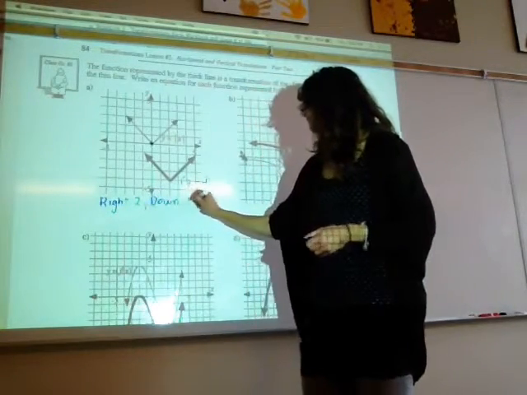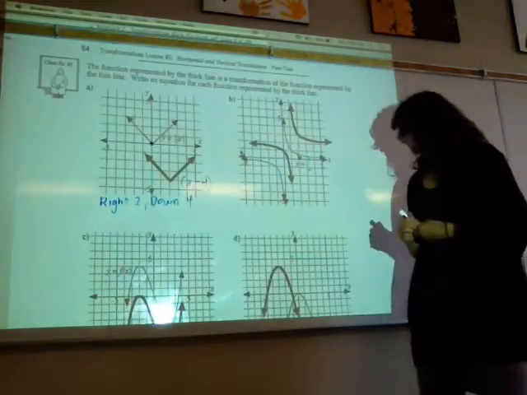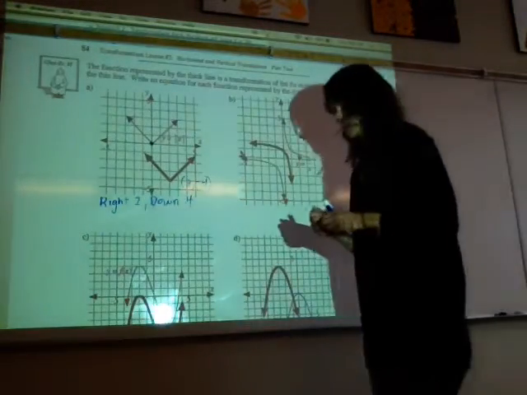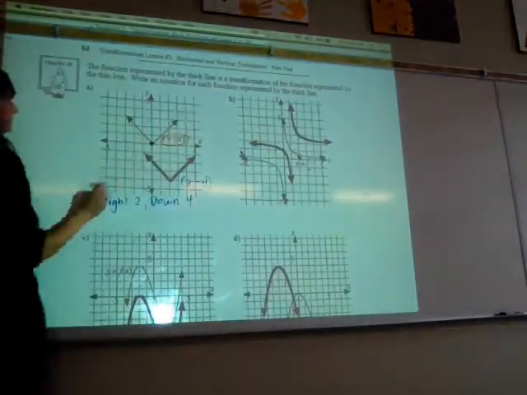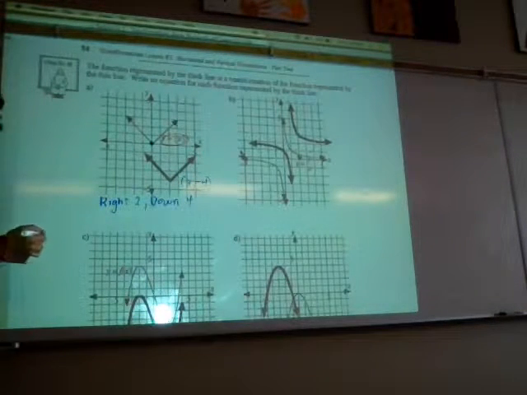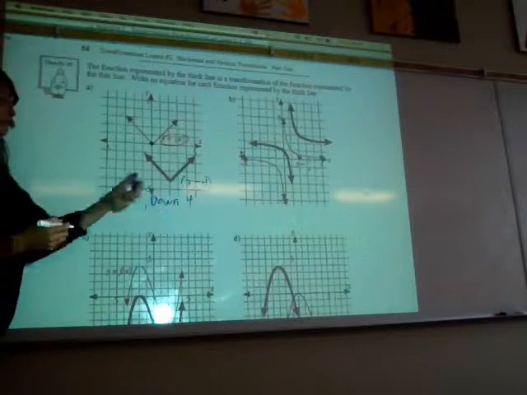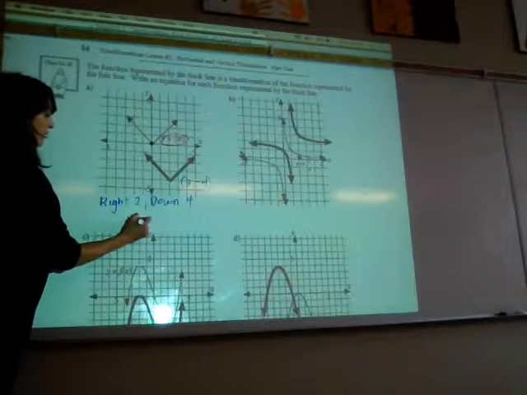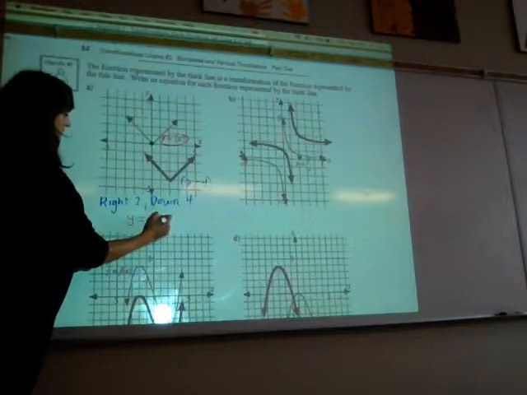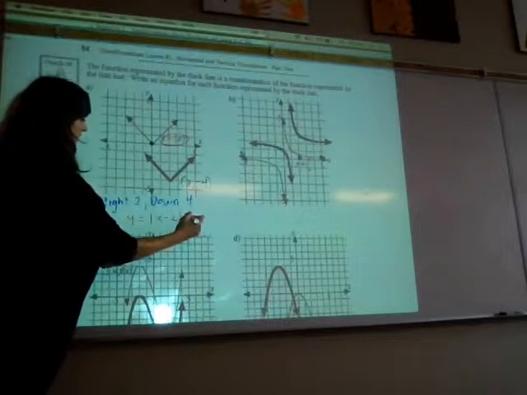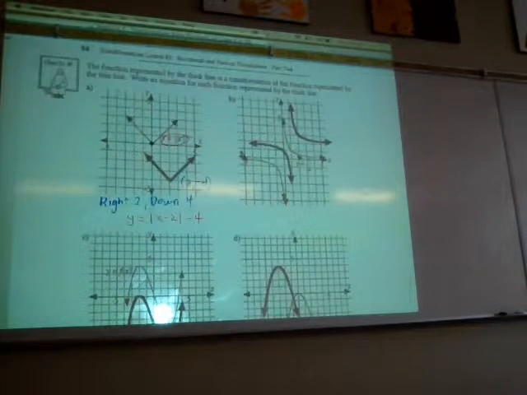So in comparison to our original function, y is the absolute value of x, we have to write a new equation. Given the transformations, right 2, down 4, that will be y equals the absolute value of x minus 2, and then minus 4. Is that what you got, Emily? Good job.